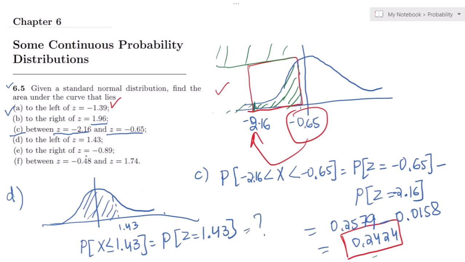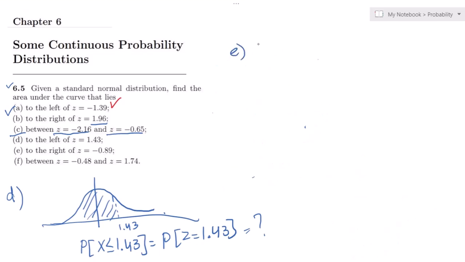Part E: to the right of z equal to minus 0.89. Let me mark it here, minus 0.89.